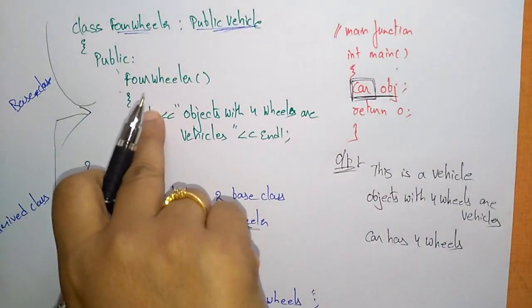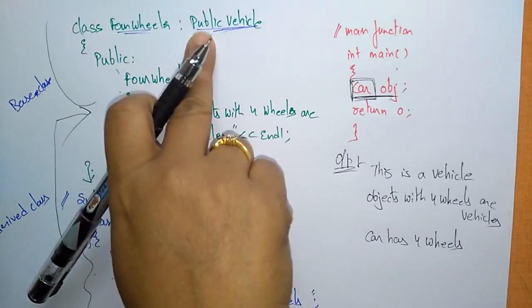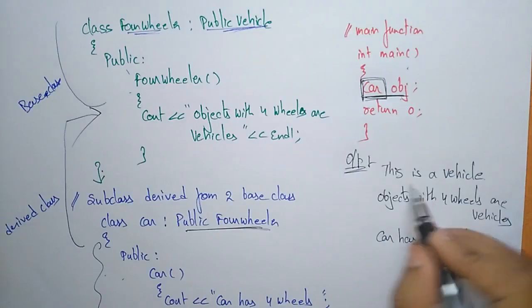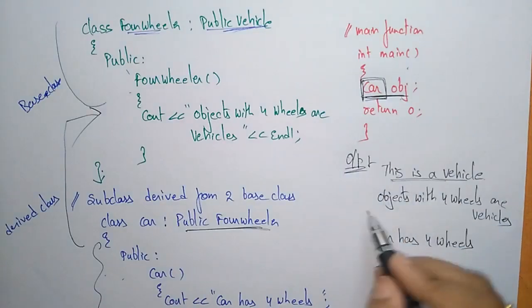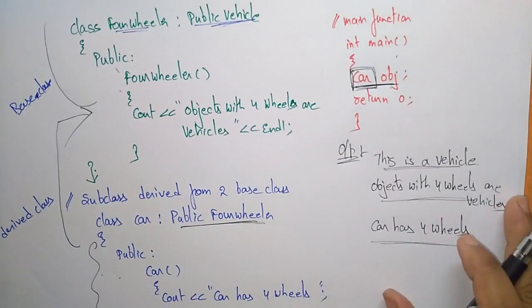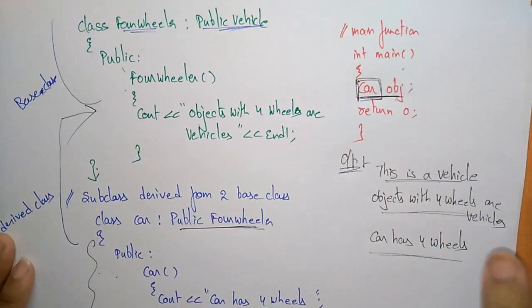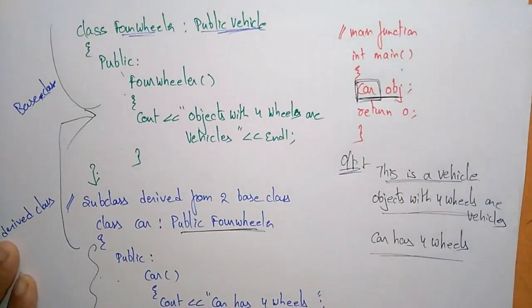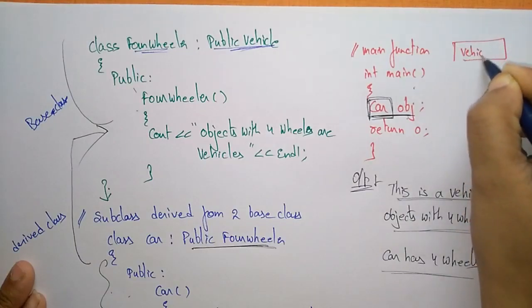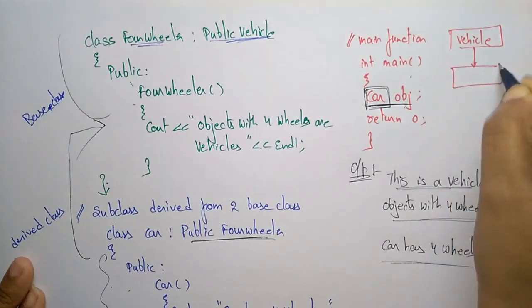Next it calls public vehicle. Whatever message is in the first base class is printed, then the next base class's message, then car has four wheels. So this is multi-level. Here I am acquiring the properties of the first base class, vehicle, and after that four-wheeler.